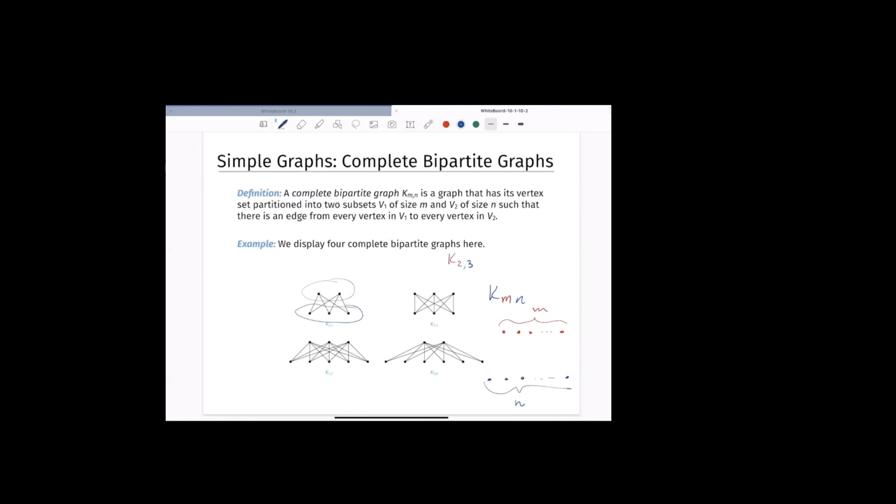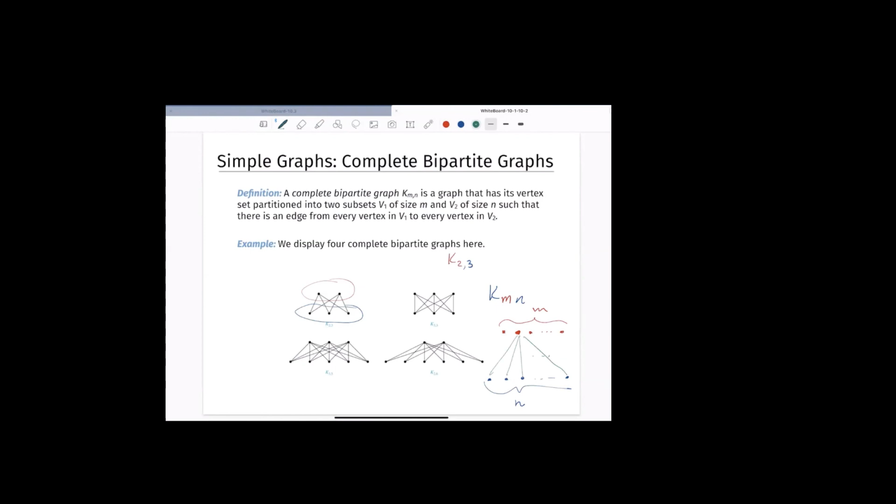So help me out, I'm kind of stuck. But I know that for every vertex in, let's take this red set here, each one of these M vertices, like this guy, it's connected to every one of these N guys. That holds true for every one of these M red vertices. Each one of the red M vertices is connected to every one of the blue N vertices.